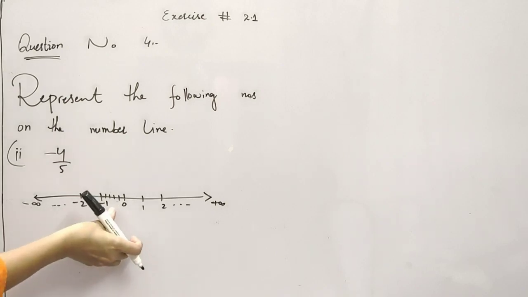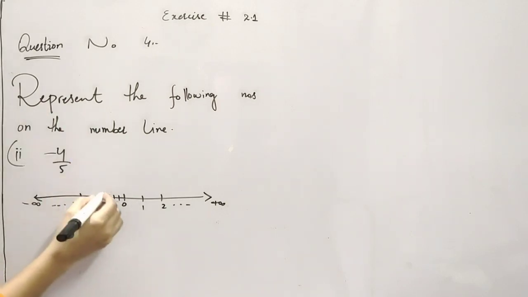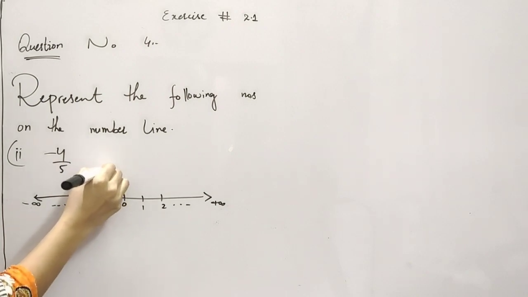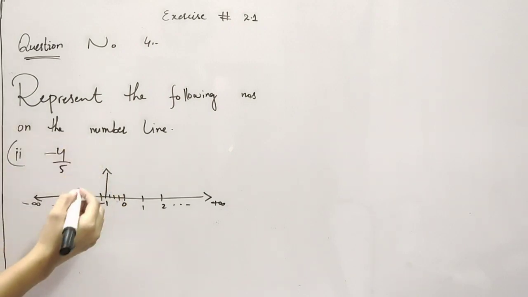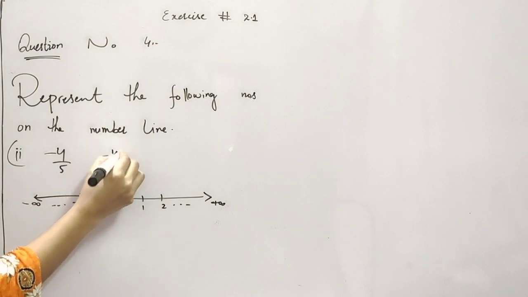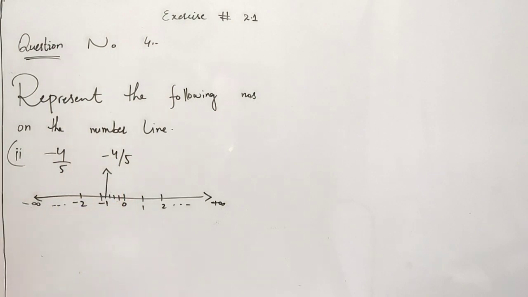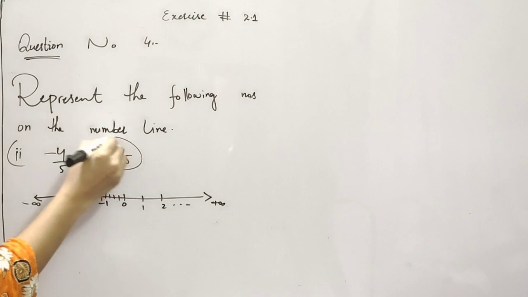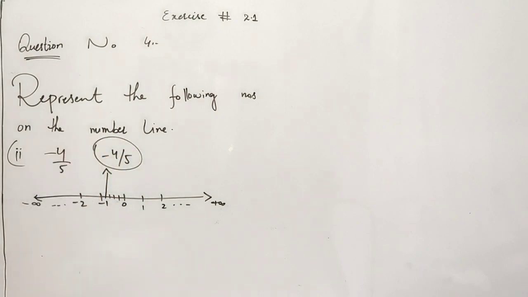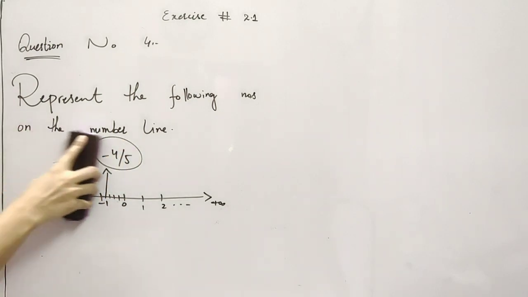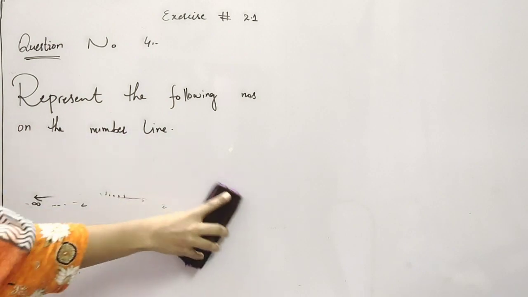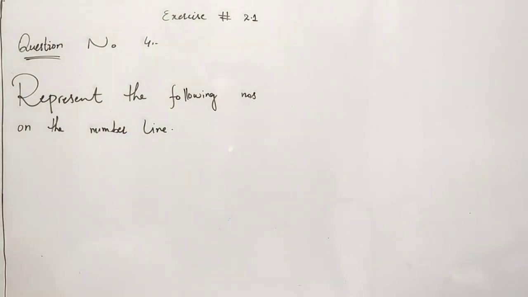So we divide it into 5 equal parts. Now take the fourth part from the minus side. So here minus 4 by 5 is located. So this is the representation of minus 4 by 5 on the number line. This is the second part of question number 4.